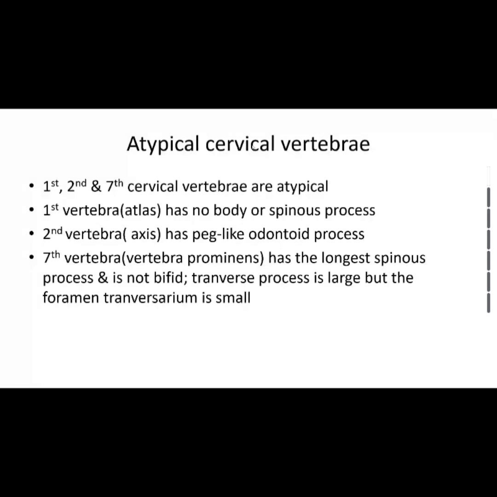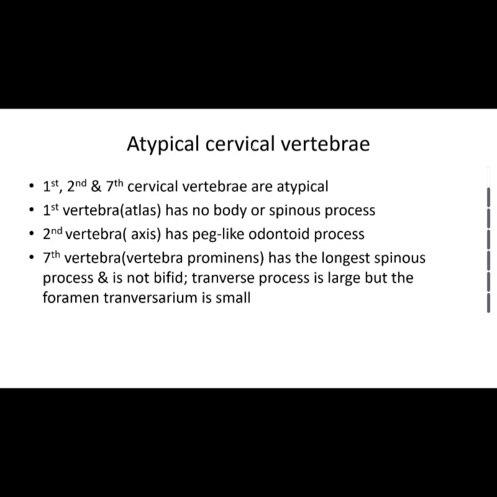So the 7th vertebra, what makes it atypical? It's called vertebra prominens because it has the longest spinous process, and it's not bifid. If you look at that spinous process, bifid means it seems to be divided into 2, as in most of the others. But in this one the spinous process is not divided into 2, so it's not bifid.